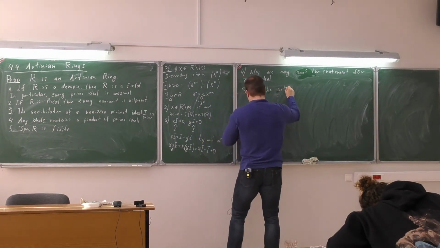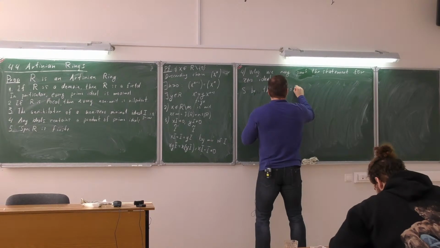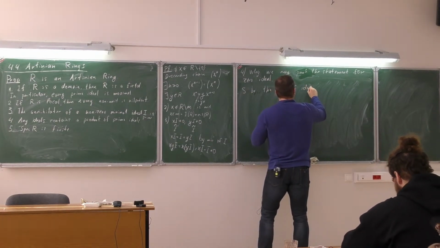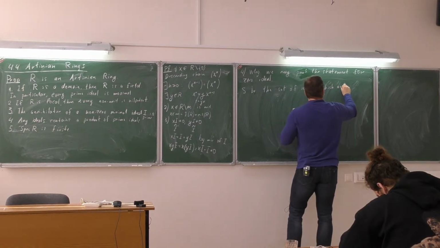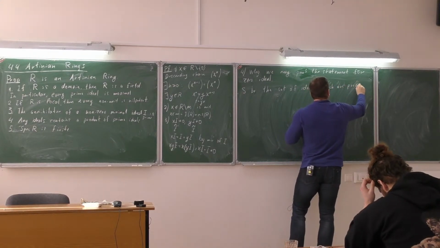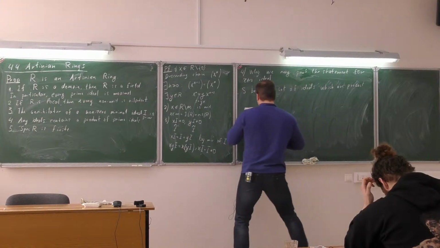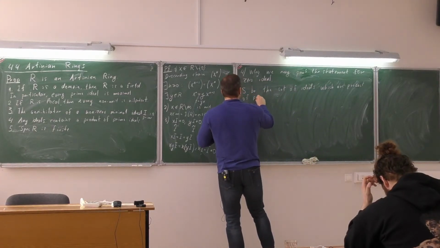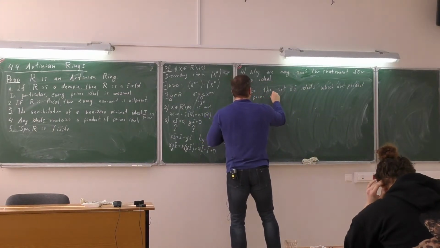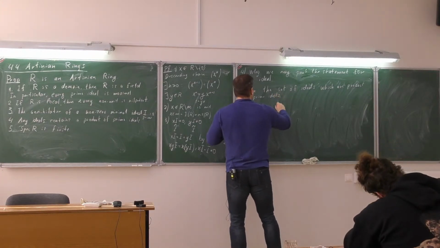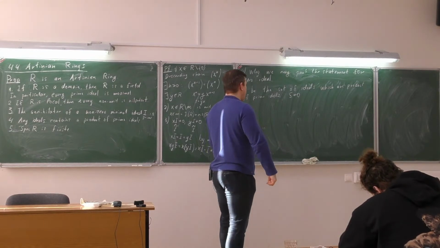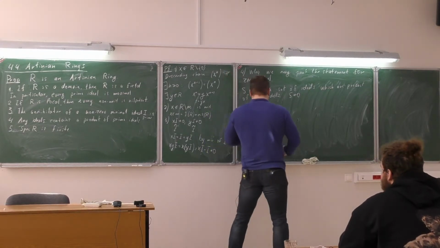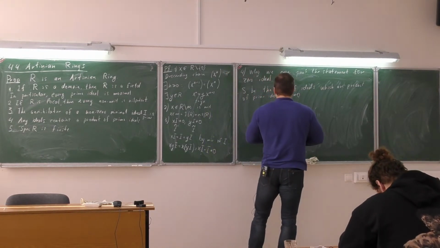Okay, now let S be the set of ideals which are a product of prime ideals. Again, S is not empty because we always have a maximal ideal which is a prime ideal, and so there will be at least one element in this set.